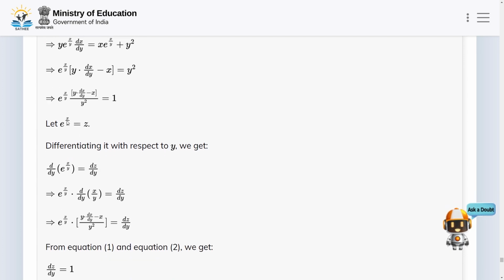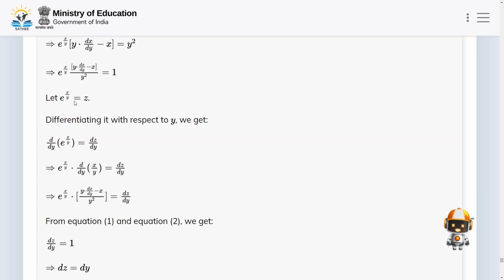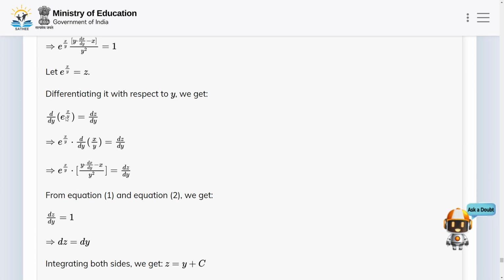Now substitute e power x by y is equal to z. This means we take the derivative of this with respect to y, which will be dz by dy. The derivative of this will be e power x by y. Now the derivative of x by y, the denominator will be y square. Using the quotient rule, you will have the numerator as y times dx by dy minus x.